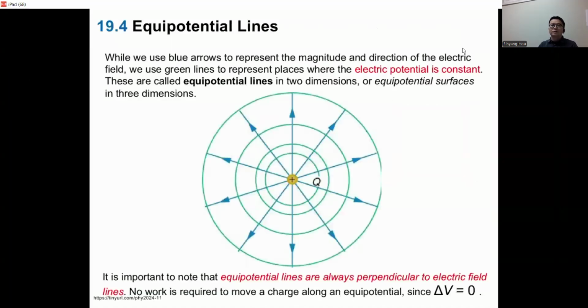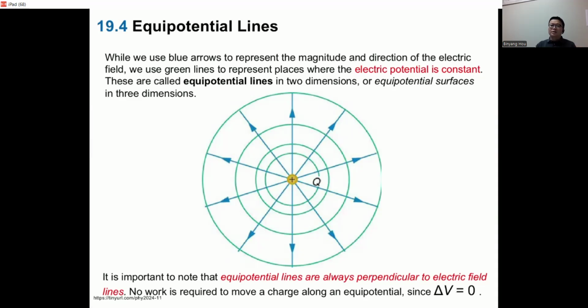And then move on to the next topic, equipotential lines. This is similar to what we learned in Physics 1 when we had gravitational potential involved. Gravitational potential energy will be constant on equipotential lines. Remember we have that contour map, where on the same curve, they are equipotential lines, so the gravitational potential energy is the same.